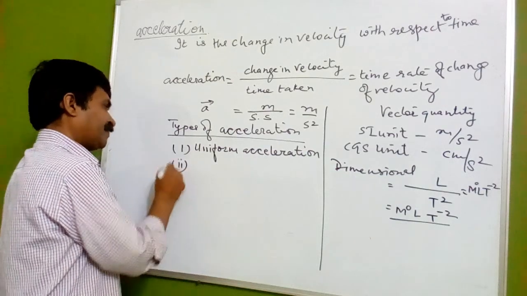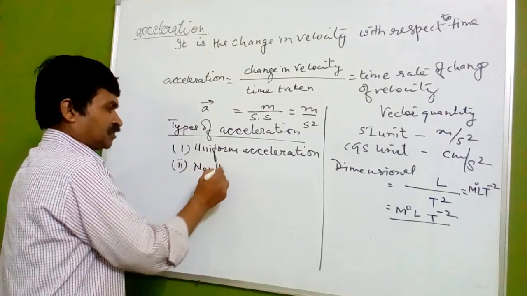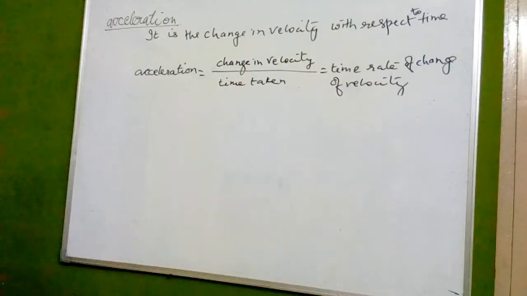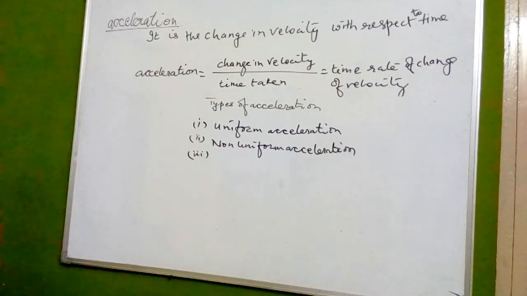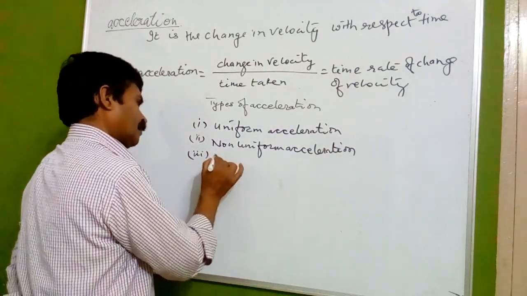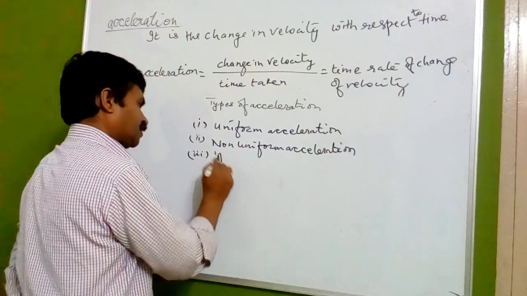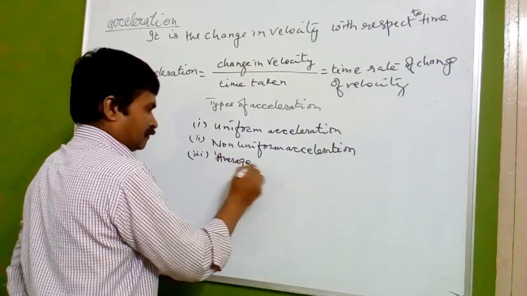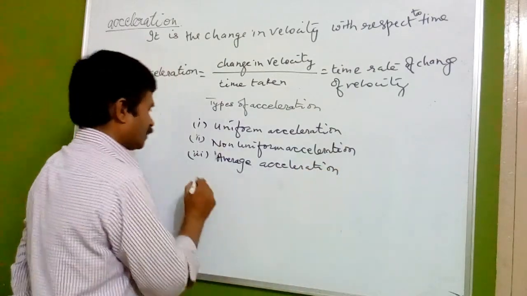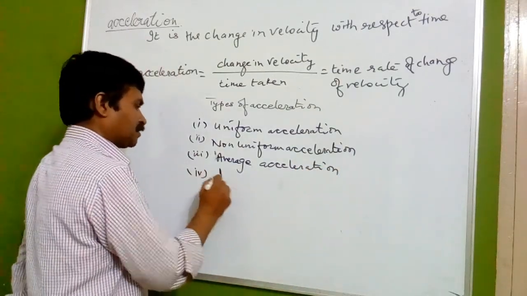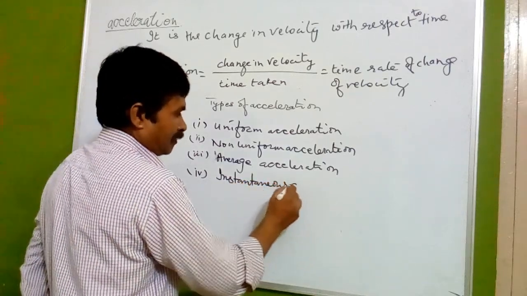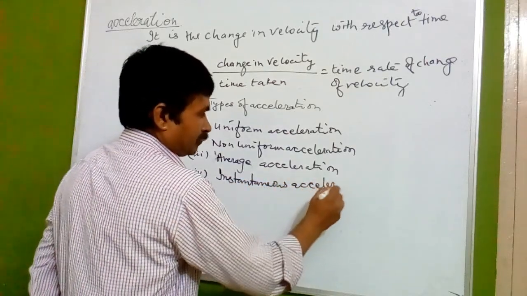Second is non-uniform acceleration. Third is average acceleration, and fourth is instantaneous acceleration. We'll go one by one to define it.